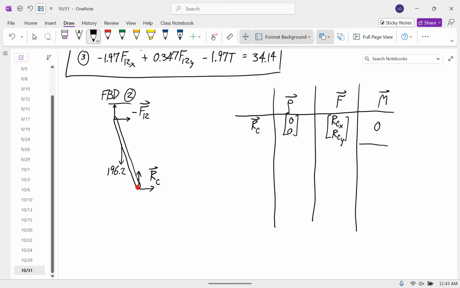Cross product is 0. Then the weight force, the row vector is negative 0.174, positive 0.985. Force vector is 0, negative 196.2. Cross product is positive 34.14.